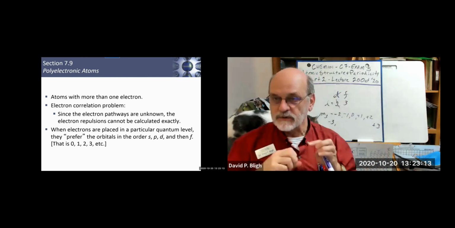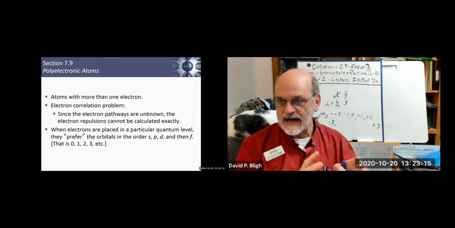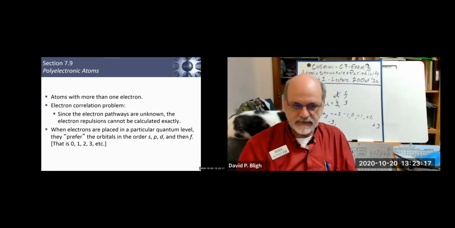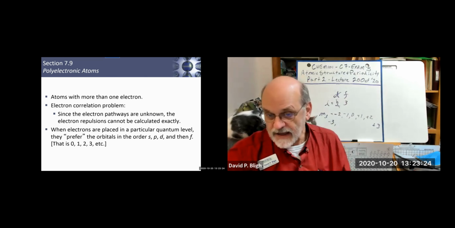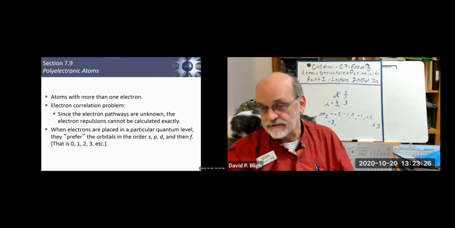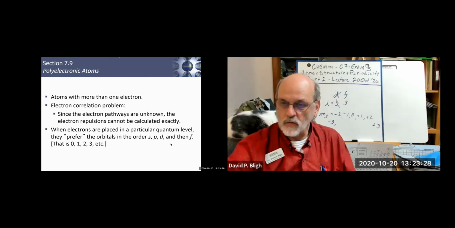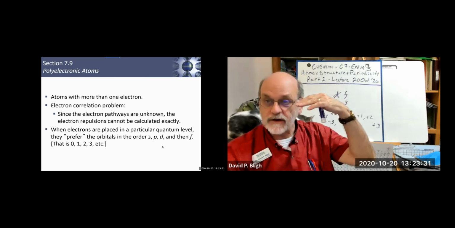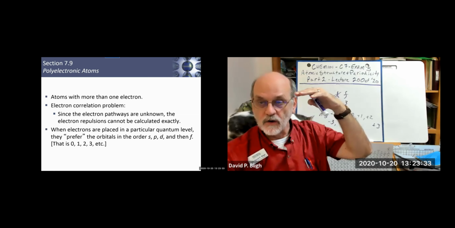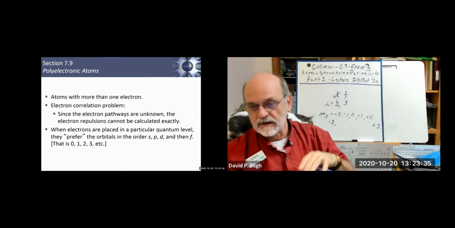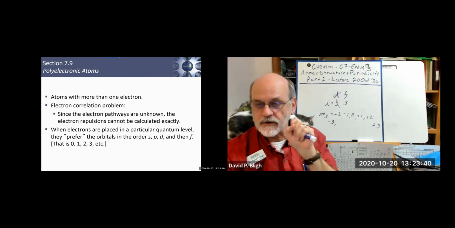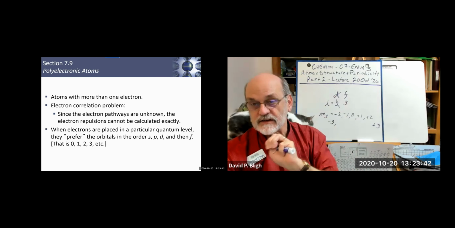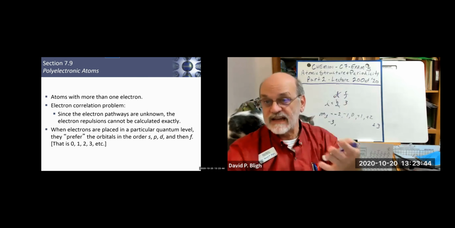The lowest possible energy is where they like to reside, and that's the ground state. And they prefer the orbitals in sequence from S, P, D, and then F. So beyond the principal quantum numbers of 1, 2, 3, 4, 5, 6, 7, then within those, they prefer to insert into S's first, P's next, D's next, and then F's, if they're available.